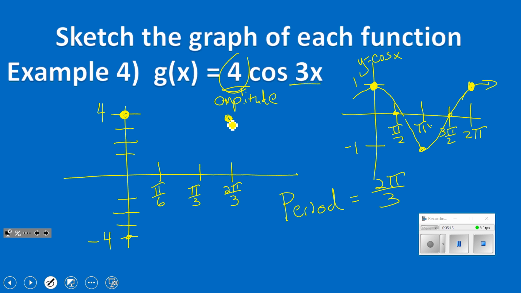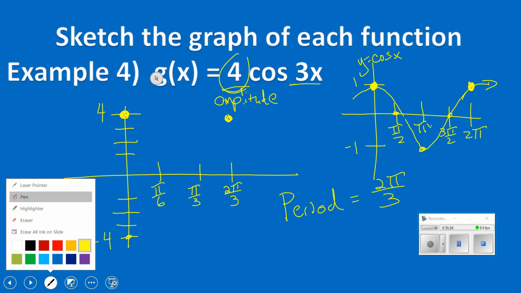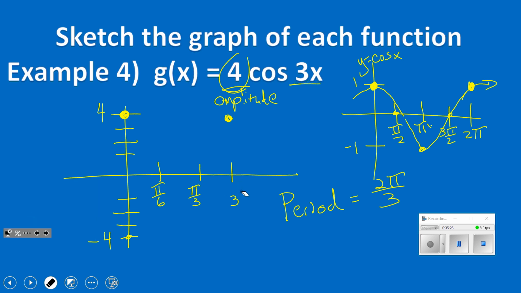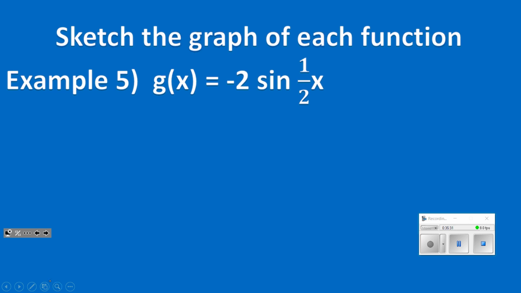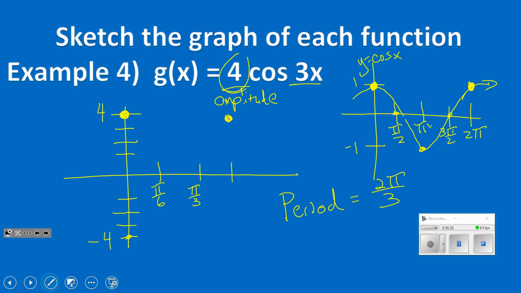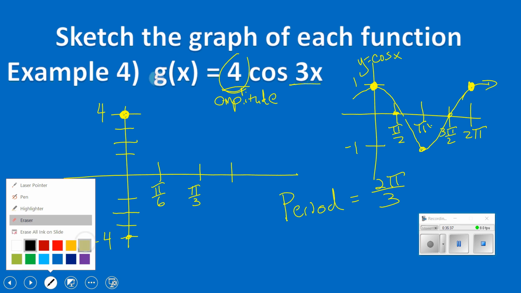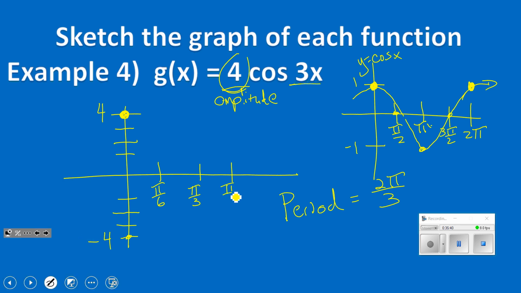So halfway between, 120, did I forget my 90? Thank you. I'm sorry. I'm going to scoot it over. So this is pi over 2, and this is going to be 2 pi over 3. So that's still going to end up at 4.